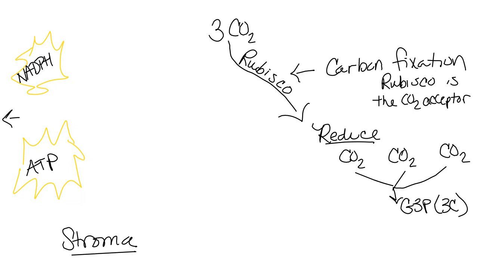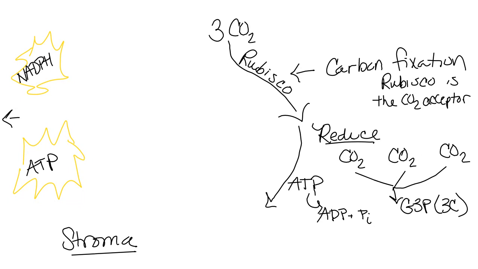That's not going to happen without an input of energy. So when we reduce, we're going to have ATP be hydrolyzed into ADP plus free inorganic phosphate. That's going to provide the exergonic reaction to release the energy to help in the reduction of these molecules right here.